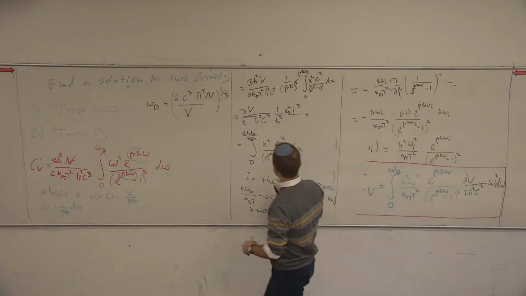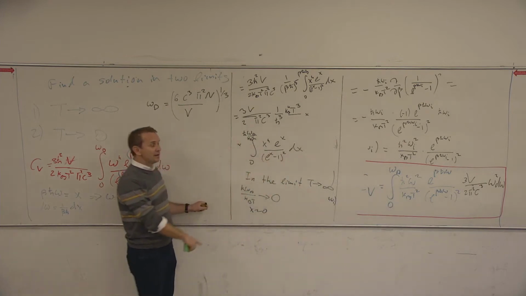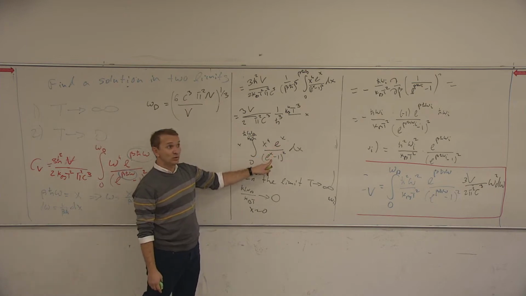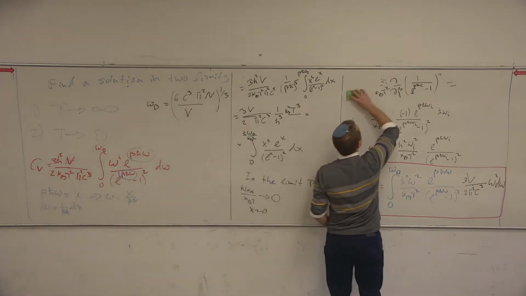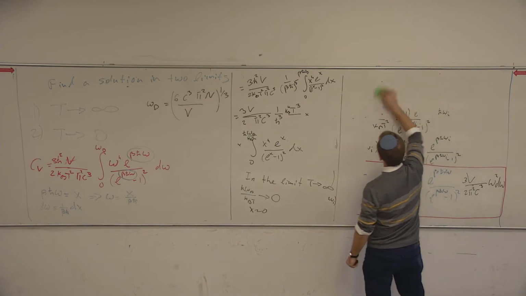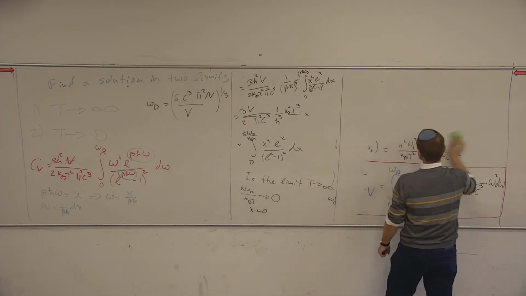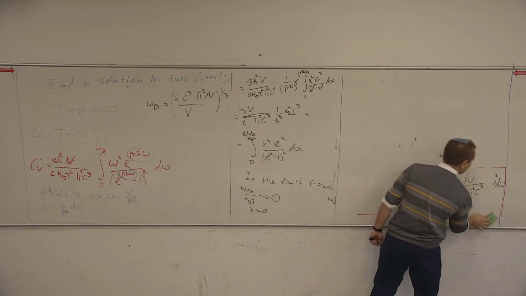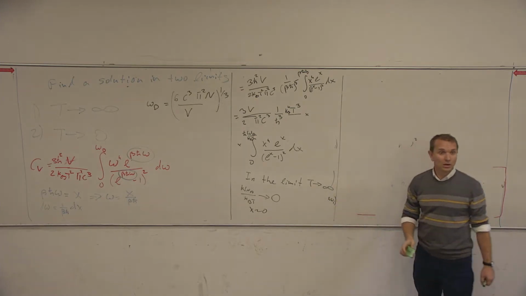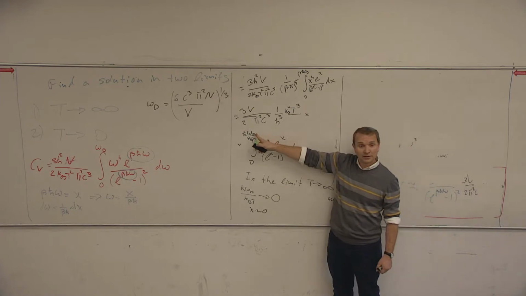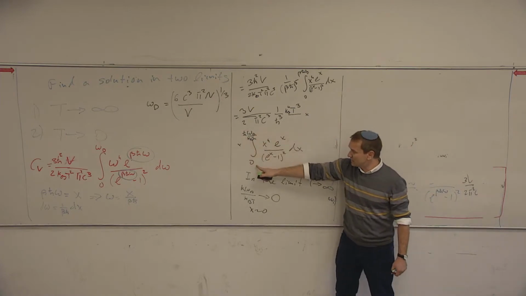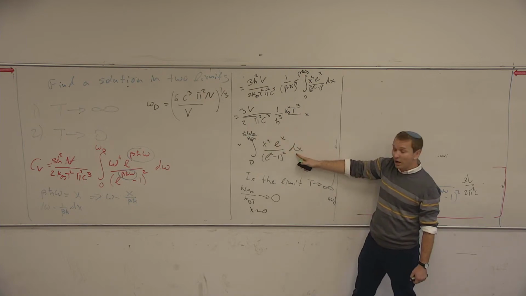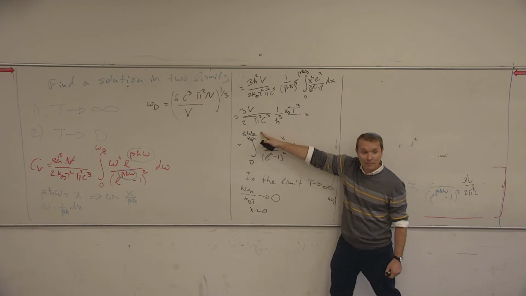What I mean is that I can use a Taylor series in order to expand e to the x and e to the x over here, and I'm only interested in the first term. The upper limit is extremely, extremely small, and all the x's are between the lower limit and the upper limit.